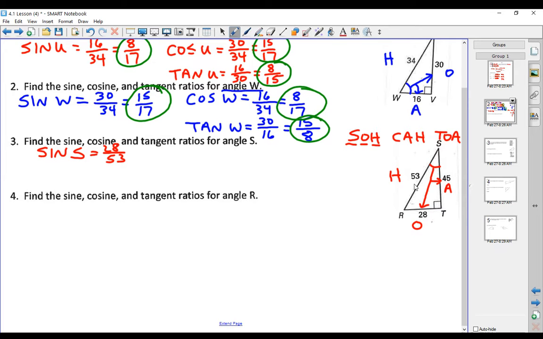The cosine of angle S, the cosine is equal to the adjacent over the hypotenuse. So that would be 45 over 53, which again will not reduce. And then the tangent of angle S, the tangent is the opposite over the adjacent. So that's going to give me 28 over 45, which will not reduce.